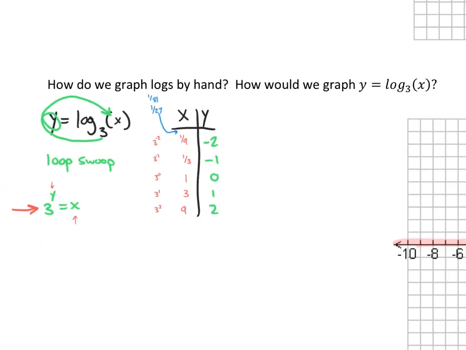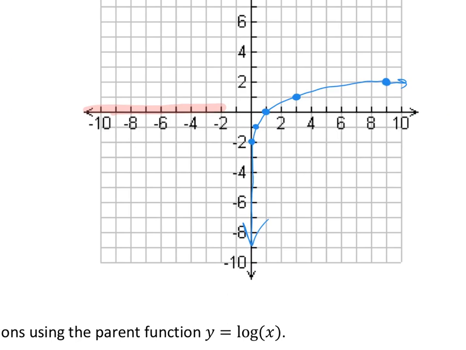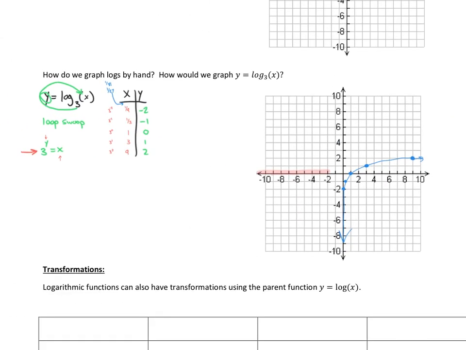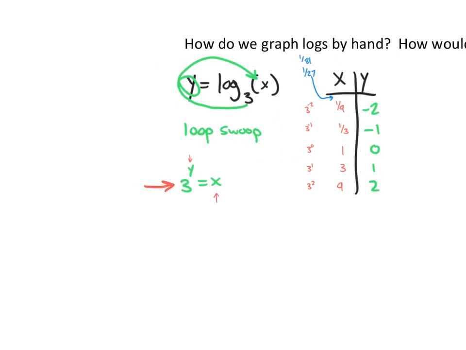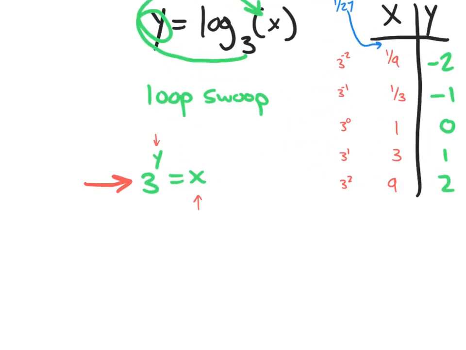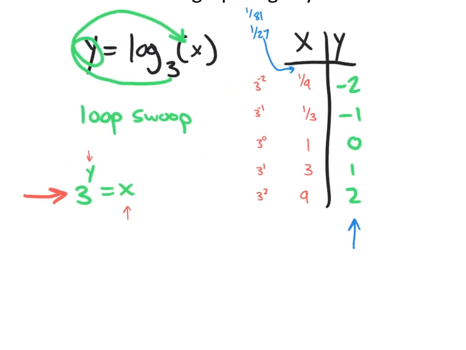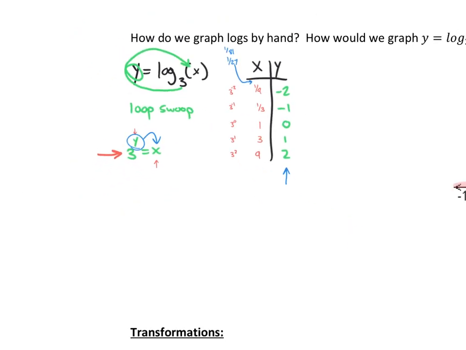It would never quite reach 0, which is why we'd never touch that y-axis. All right. So that's how you can graph logarithms. You use loop and swoop to switch it into exponential form, and then you make a table. But what's interesting about it is that you are selecting the y coordinates. That way you can find the x, which is opposite of what you've always done, but that's because logarithms are the opposites of exponential functions.